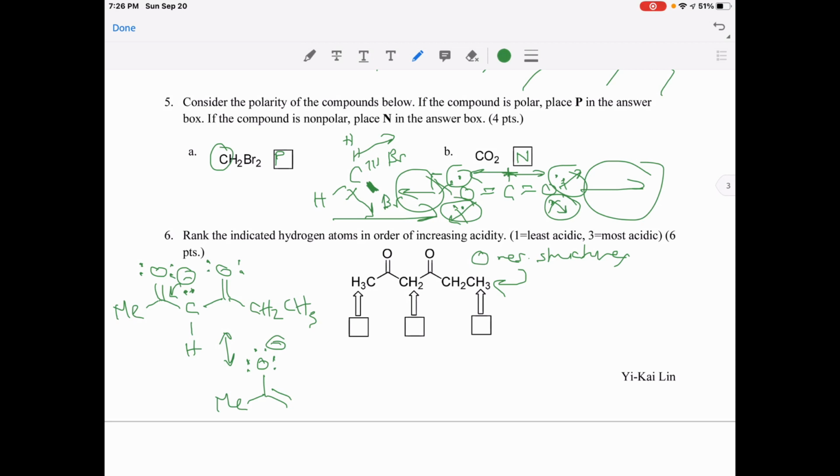We form a double bond with the neighboring carbon, and we move the electrons in the C-O bond to the oxygen, because we don't want to violate the octet rule for this carbon. And we just leave the right side the same.